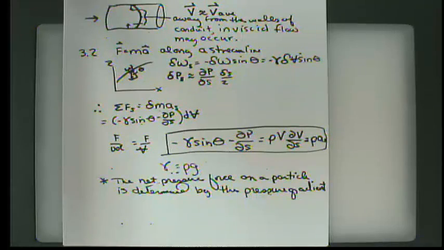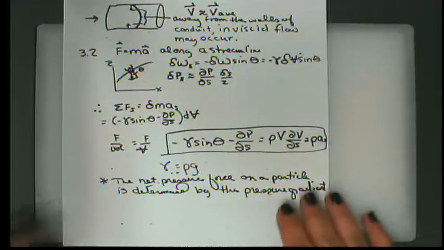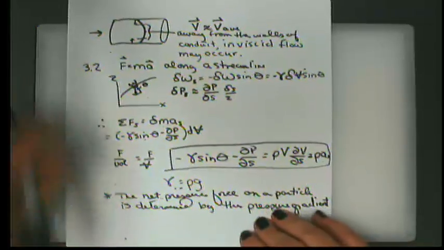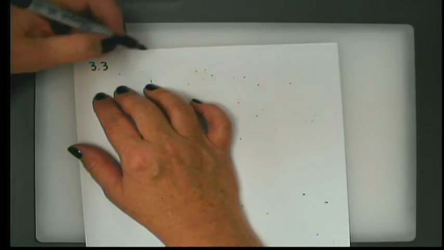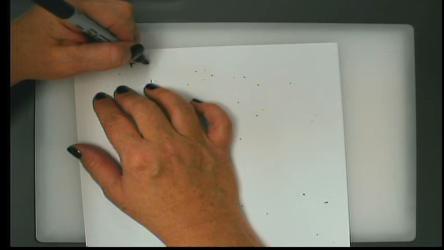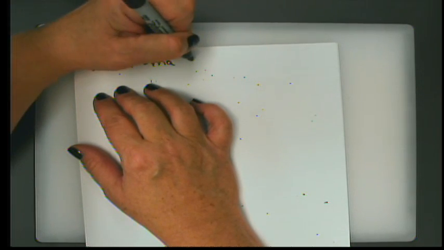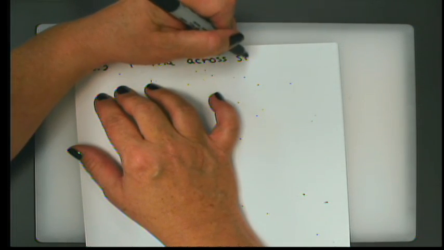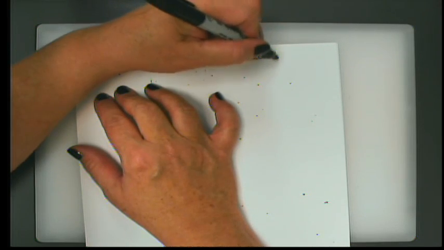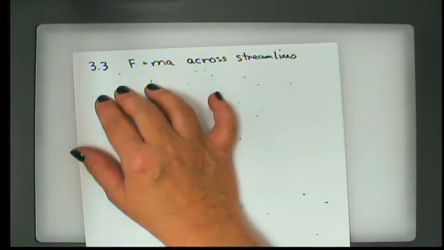All right. Now, as we work through this a little bit more, I'm going to skip ahead to 3.3 and take a look at the F equals ma across streamlines. And then I'm going to come back and give you Bernoulli's equation, which really is discussed both in section 3.2 and 3.3.